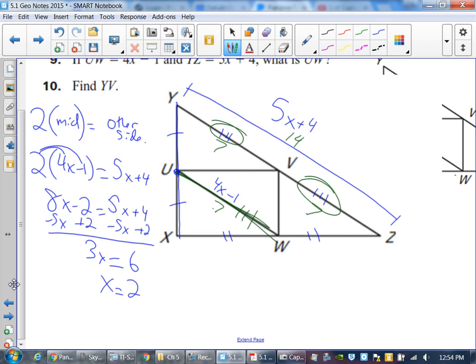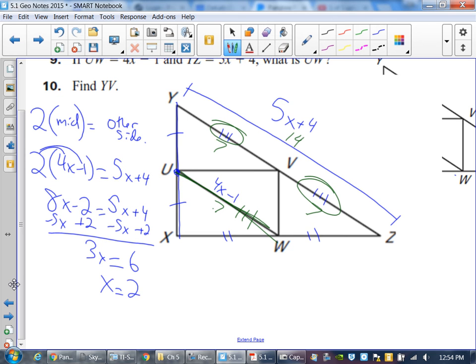So if the whole side is 2x, this is the mid-segment, which means it's half of 2x. What's half of 2x? x. Which means it has 1 tick, because it's the same value. You don't have to do that, but I'm just showing you it's a little bit of a shortcut sometimes, depending upon what you're trying to find.